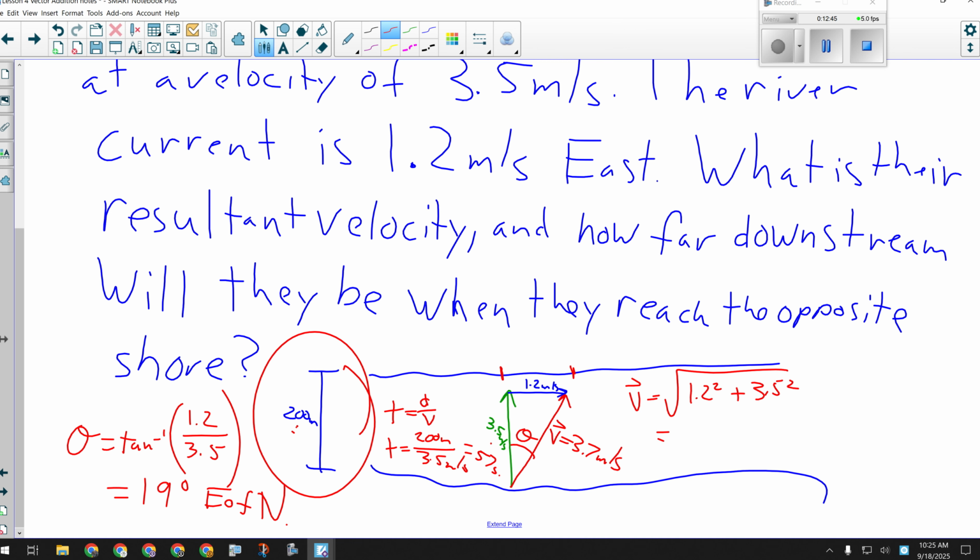Okay, so now that I know what V downstream is, and I know how long V downstream happens for, I can figure out how far downstream I'll end up. I just have to multiply how fast I'm going downstream by how long I'm going downstream.